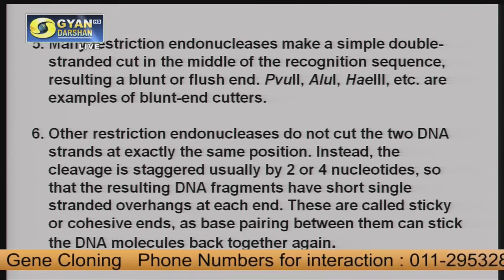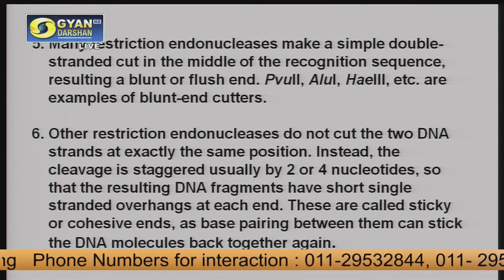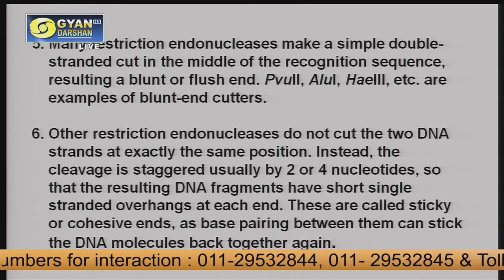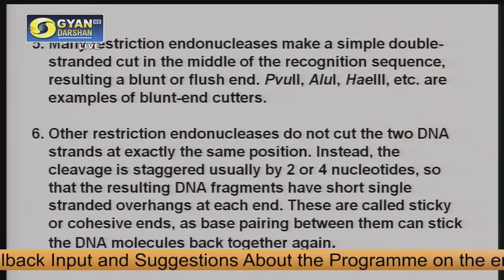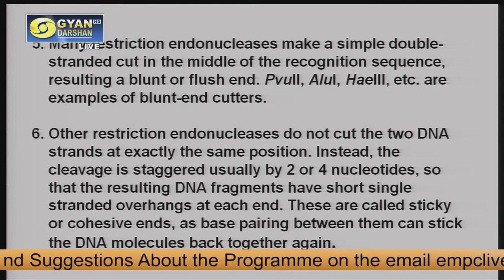So they will cut in such a manner that there will be an overhang at the two ends. Mostly there will be an overhang at the 5' end of the complementary strand. That is, it does not cut in between. For instance, in a hexanucleotide sequence, it will cut in such a fashion that there will be an overhang at the two ends.